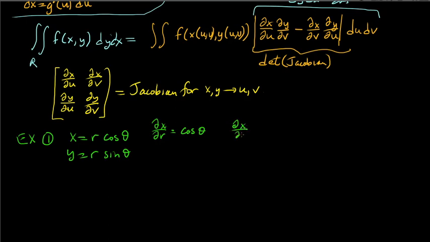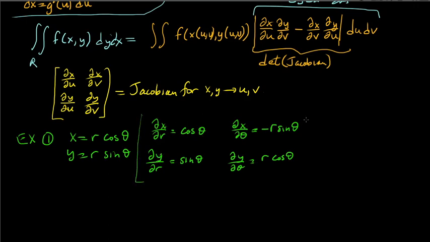And the partial of x with respect to theta is going to be negative r sine theta. And then the partial of y with respect to r is going to be sine of theta. And the partial of y with respect to theta is going to be r times cosine theta. So let's just take the determinant of this.